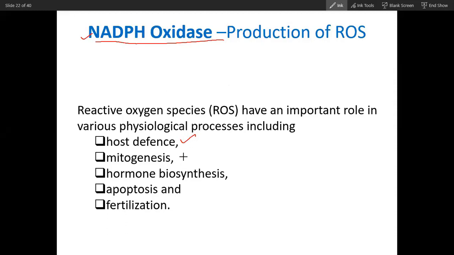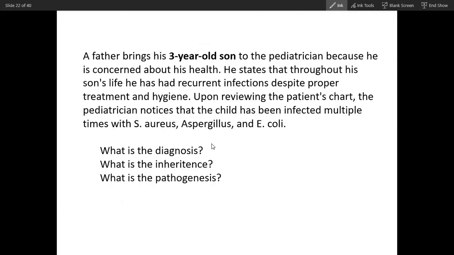So host defense, mitogenesis, hormone biosynthesis, I have already told you which hormone, thyroid, apoptosis and fertilization. NADPH oxidase is involved in all these functions, and a very important function is host defense, the oxidative burst. I have told you.